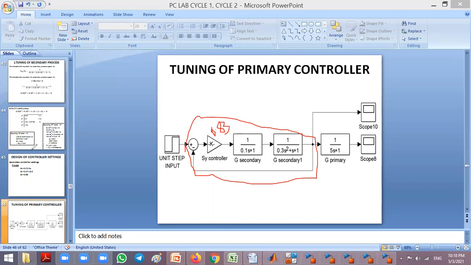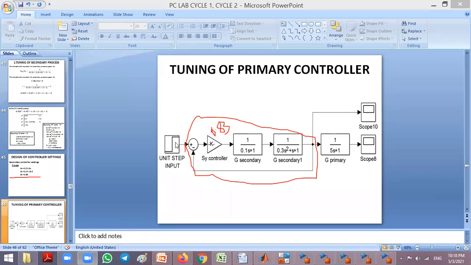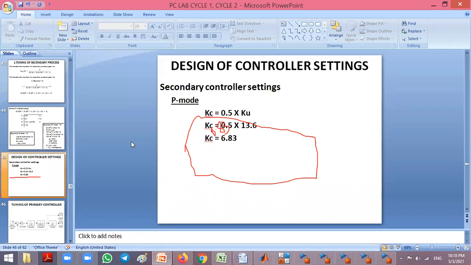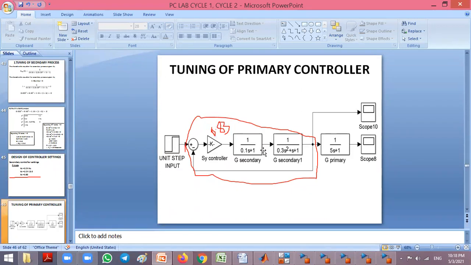You can see in the previous one, we have got 6.83, so that one is implemented. So the secondary is in closed loop.